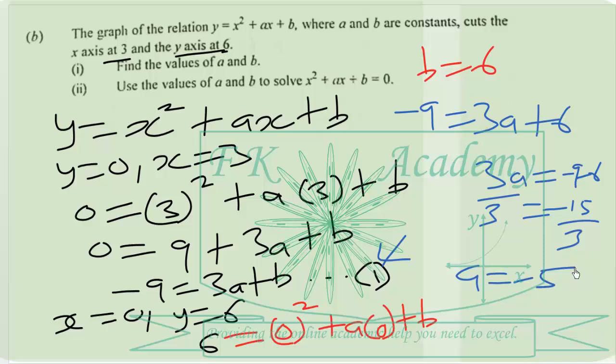So the equation becomes x squared minus 5x plus 6 is equal to 0. We want to solve this equation.